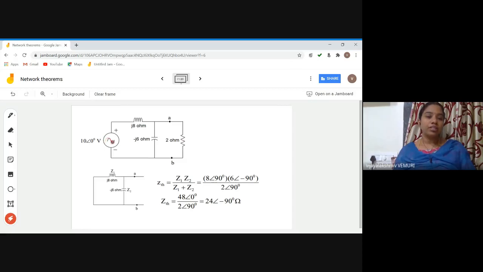Unless it is mentioned clearly that it is not a sinusoidal voltage, then we can represent it with other symbols. If it is a triangular wave input, we'll represent it with a triangular symbol. If it is a square input, we'll represent it accordingly.